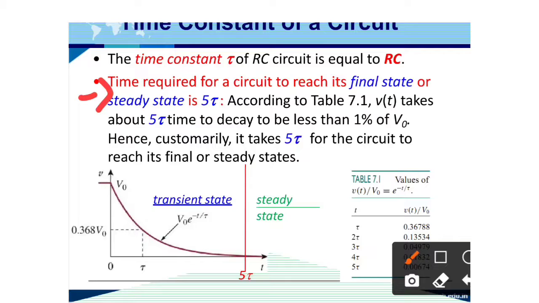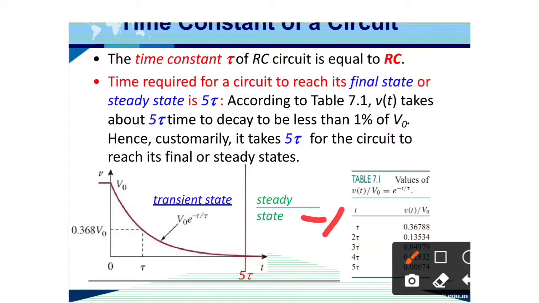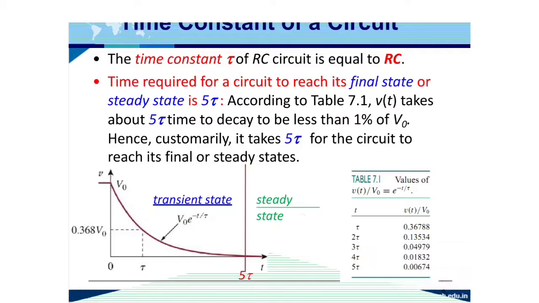According to the table, we put t equal to some value to find V of t divided by V0. Here we get for t equal to tau 0.368, 2 tau 0.135, 3 tau 0.049, 4 tau 0.018, and 5 tau 0.006.